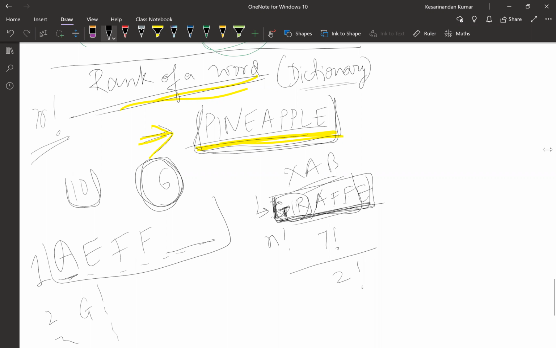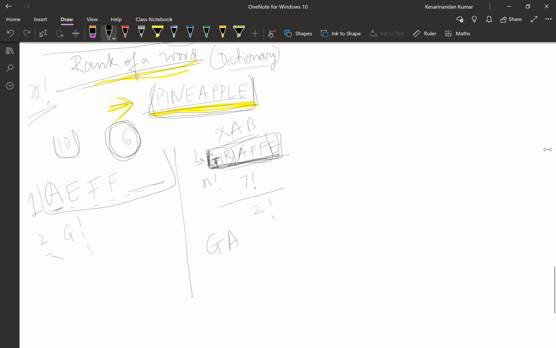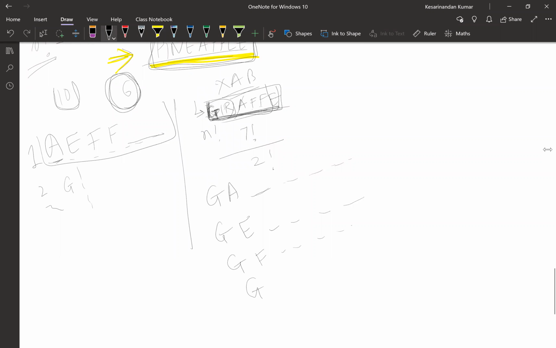No. Which will be the first word starting with G? GA. Yes, GA, perfect. You will get some number of words that will start with GA, right? Correct. After that, you will have GE, some number of words starting with GE. Then you will have GF, some number. Then you will arrive at GI, right?